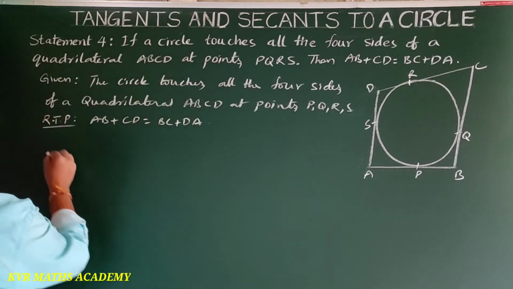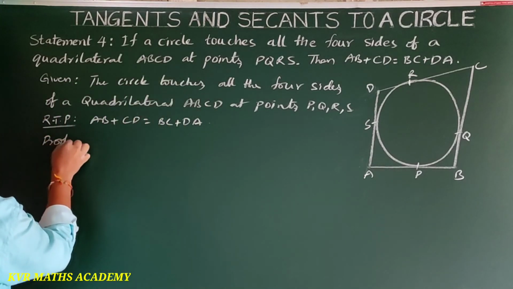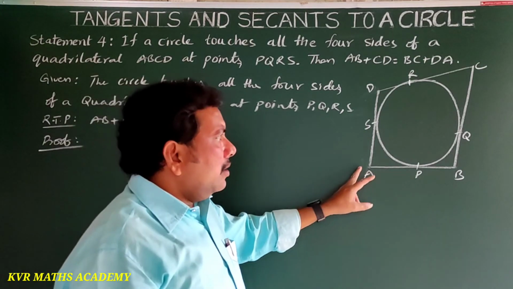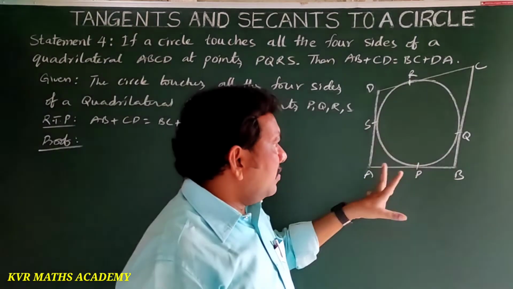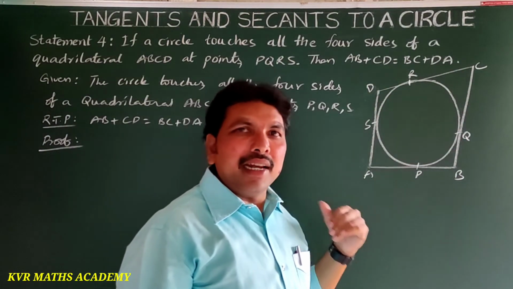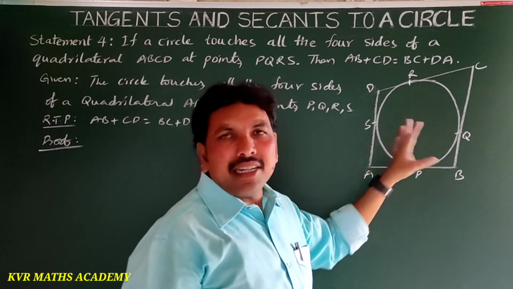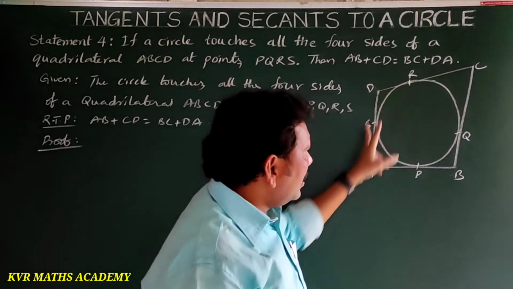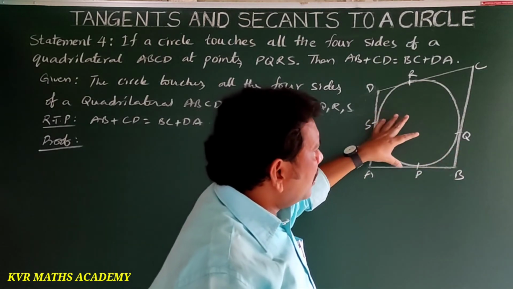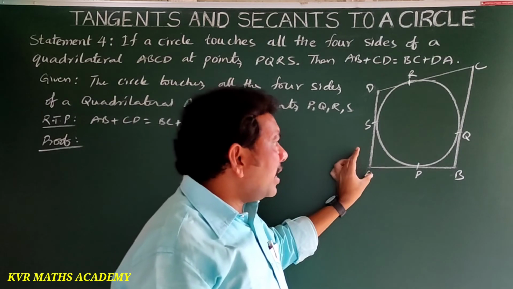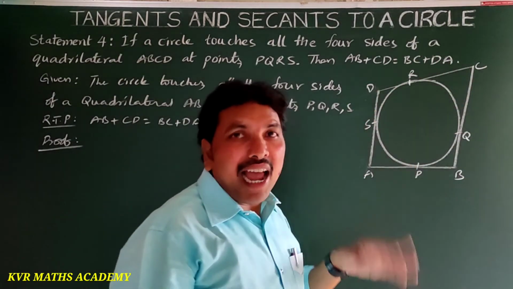Right? Yes, proof. Look here. If you take this circle, A, B, C, D are the external points to the circle, isn't it? Now, these are the sides which touch only one point on the circle, isn't it? That's why these are all called tangents.